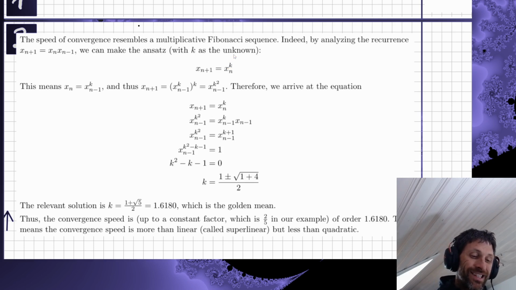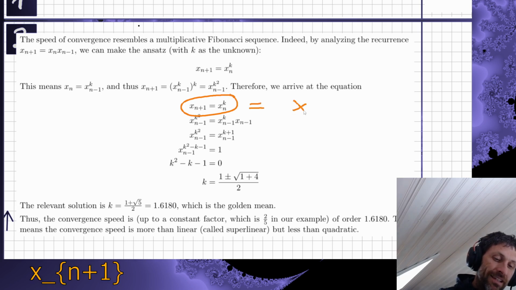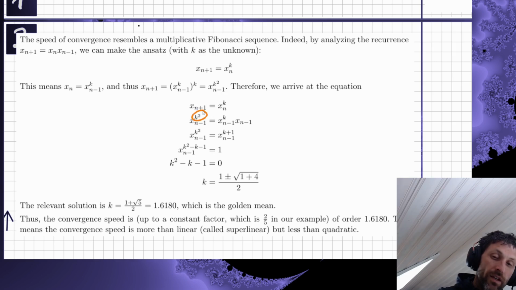So let's analyze this. If this is true, then 2 steps means xn is xn minus 1 to the power of k. This is xn, and then to the power of k. Then you can multiply these two and you get this squared.